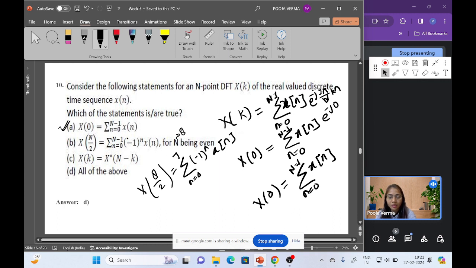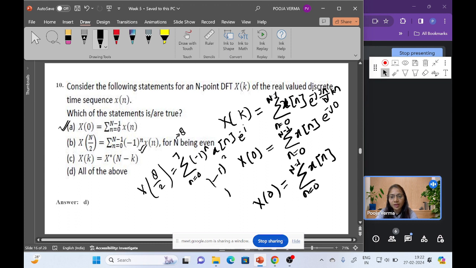Okay, so let's try to do this one, x of n e to the power minus j, this part. If n is 0, so minus 1 to the power 0, so x of n only. And if we take only n equal to even, so when we consider minus 1 to the power 2, so 1 only.